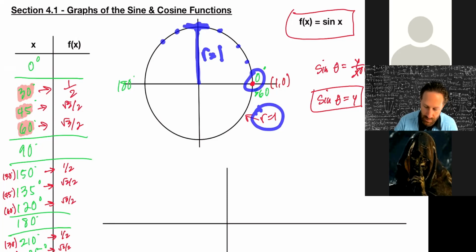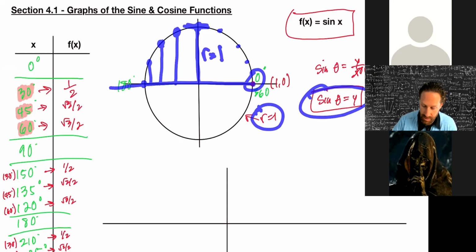And then what does it start to do though? What do those y values start to do? Those heights start getting smaller again, don't they? Until it gets to 180 and it gets to be a 0. Then remember the x-axis separates the positives from the negatives.